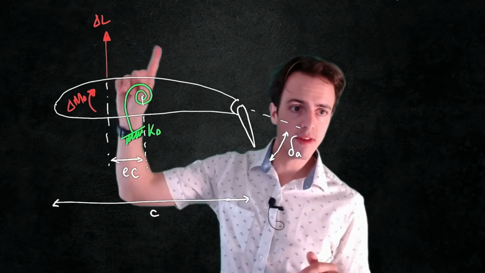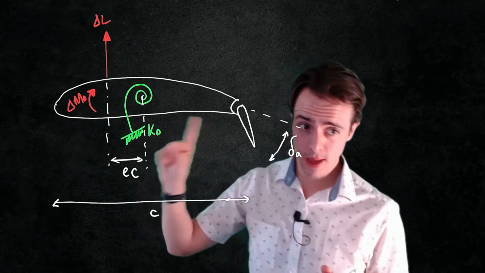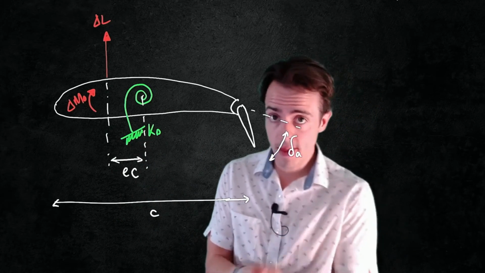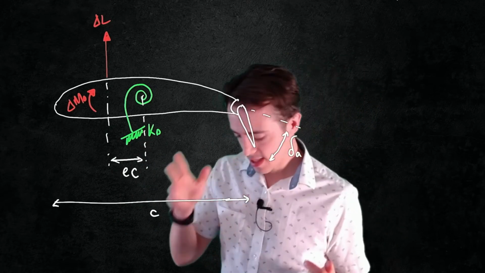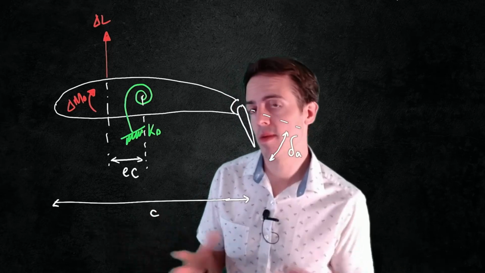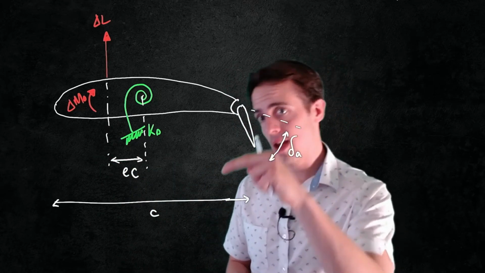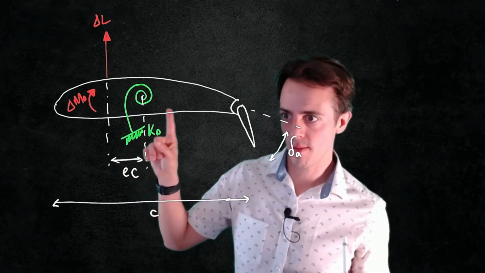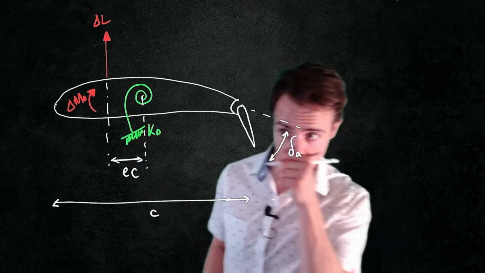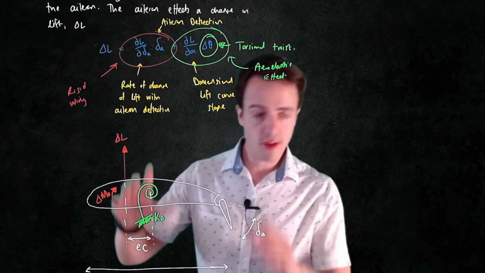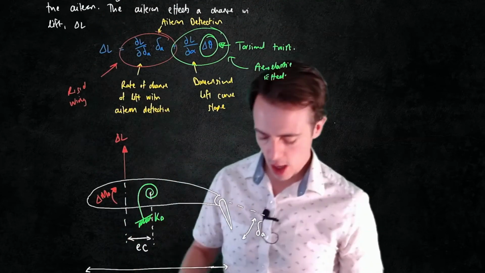I've put on here the increment in lift and the increment in pitching moment, both dimensional. Now, the convention for pitching moments certainly is that they are positive nose up. We know that this is going to produce a negative moment, but I'm still going to draw this as a positive one on here, and we'll just make sure that we have a negative number. So we've got this expression up here. We could rewrite this in coefficient form.